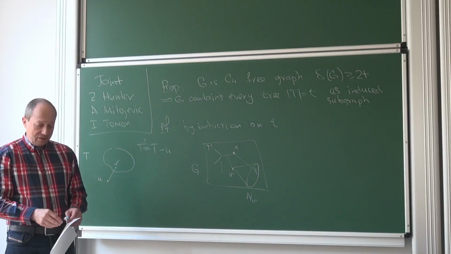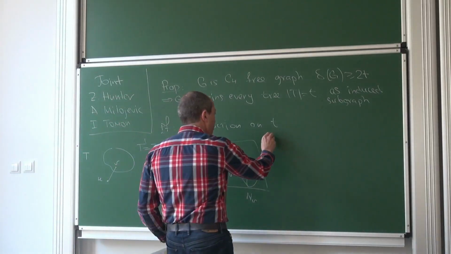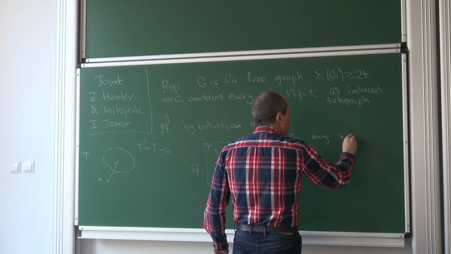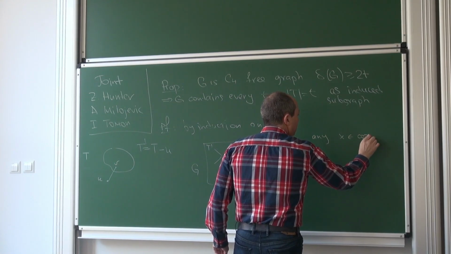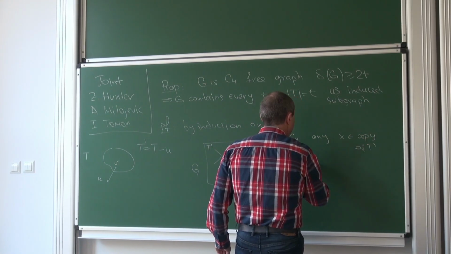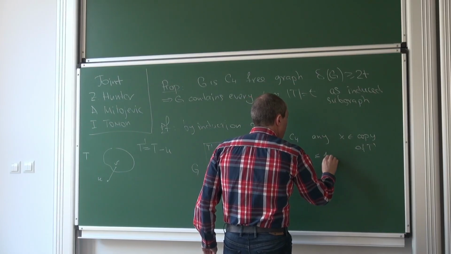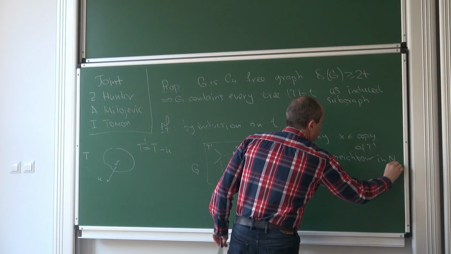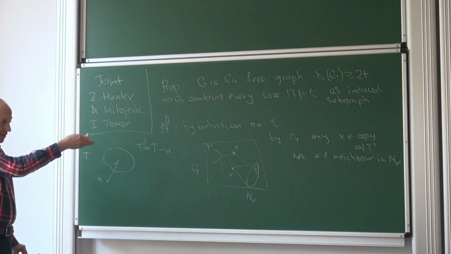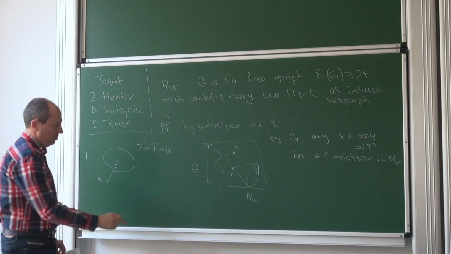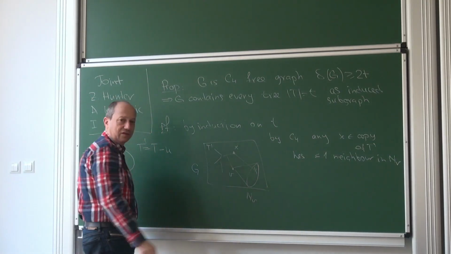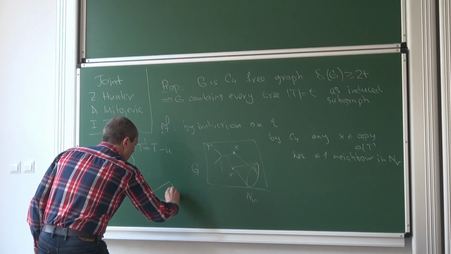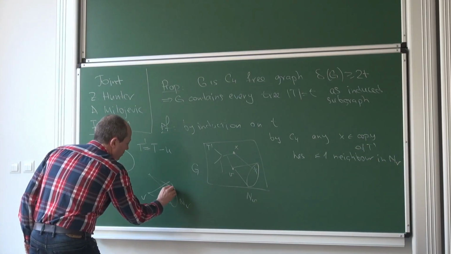But observe that because I'm C4-free, any X which belongs to the copy of T prime has at most one neighbor in N(v). Just because if it had two neighbors, you get a four cycle. Because this is a neighborhood of v: if X has two neighbors in N(v), you get a four cycle.